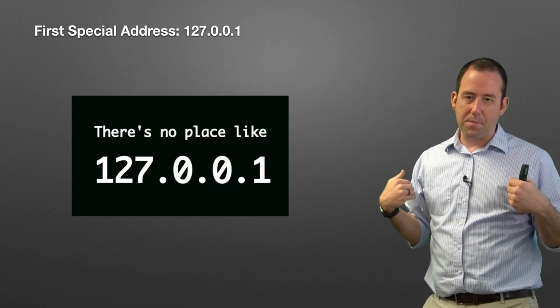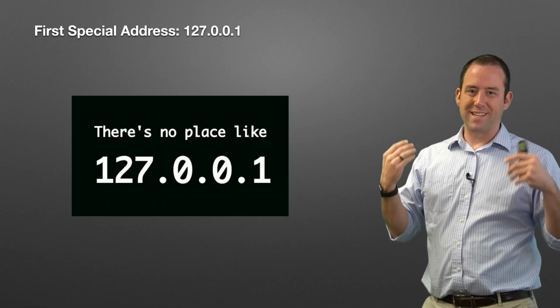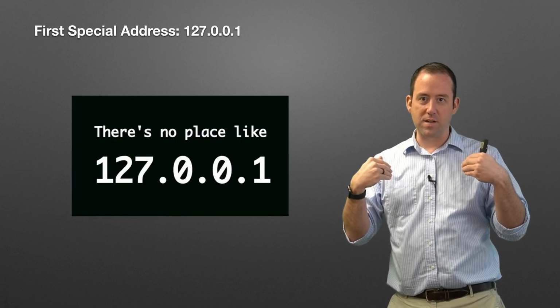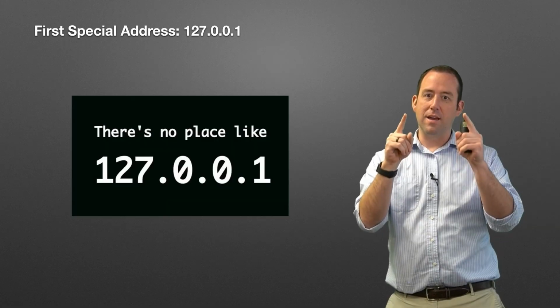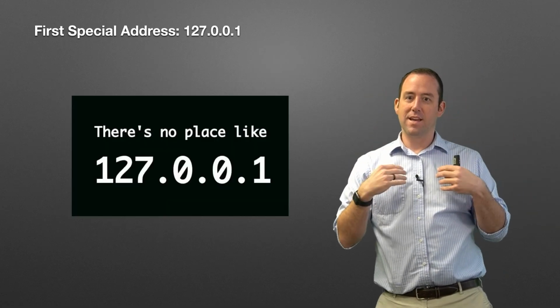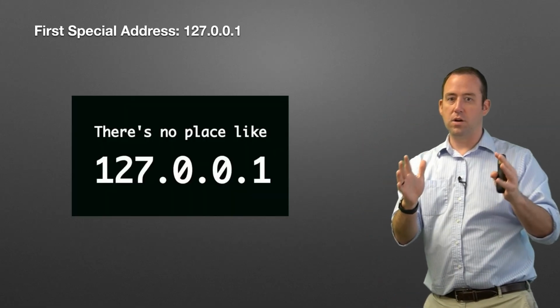Your machine has an IP address for itself. That is 127.0.0.1. It's like me. I say me, and I am referring to me. And you say me, and you're referring to you, not me, even though we're saying the same word. That's what localhost is.